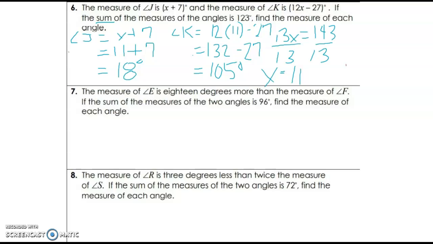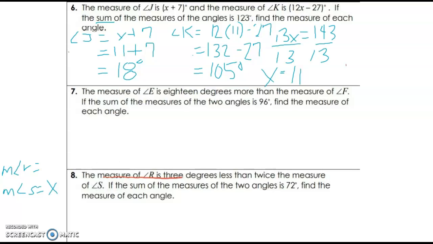The measure of angle R is 3 degrees less than twice the measure of angle S. So for the measure of angle R, we're going to come up with some variables that we can use for both of these. Since we just have angle S by itself, let's substitute that with the variable x.